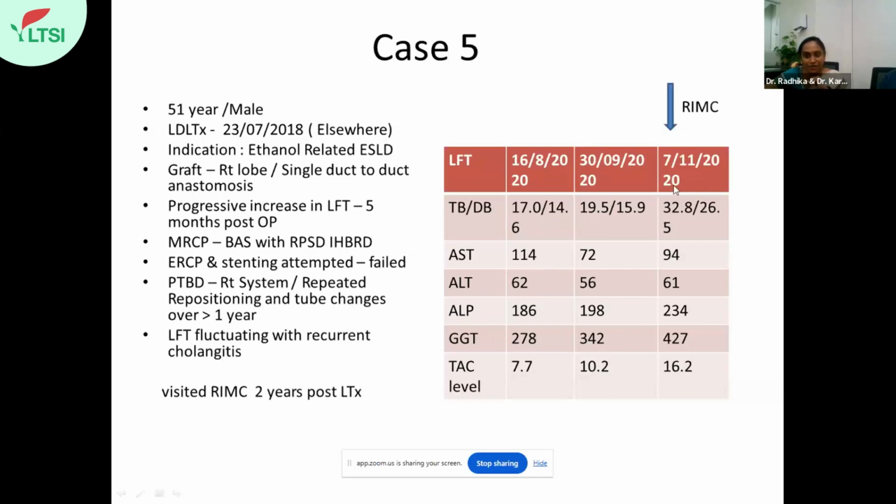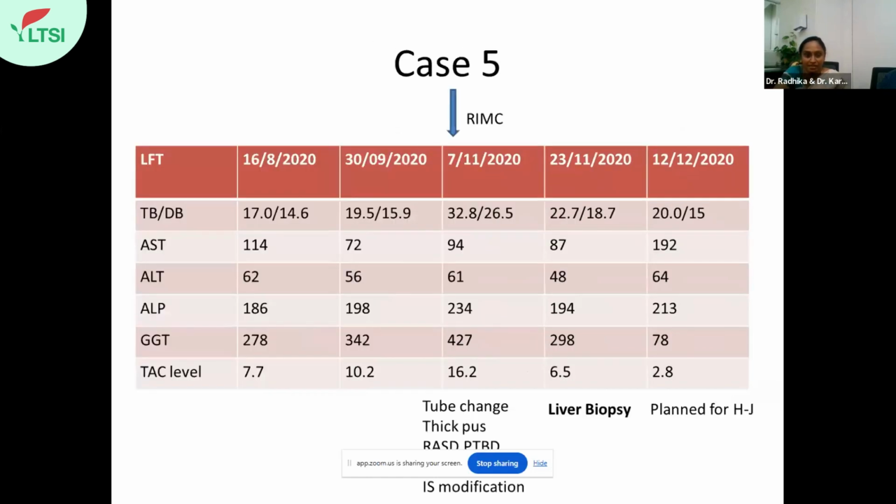And he landed at our center in November 2020 with a frank cholangitic episode. His bilirubin was 32.8 with a direct component of 26.5, febrile with chills and rigors, and his tube was blocked, with a gamma GT level of 427, alkaline phosphatase of 234, and a tacrolimus level of 16.2. He was at that time on 2 milligrams.